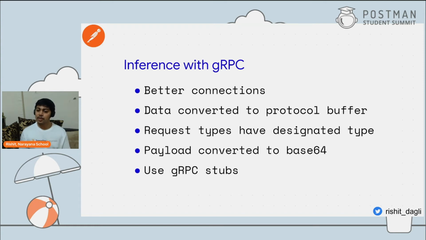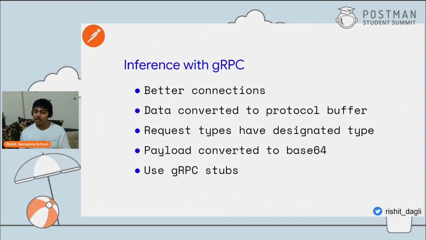You have RPC methods, and all the inferences you make are far more efficient than REST. Because you are also specifying all the data types, it allows you to do faster inferences. And using gRPC stubs, you can have better connections.